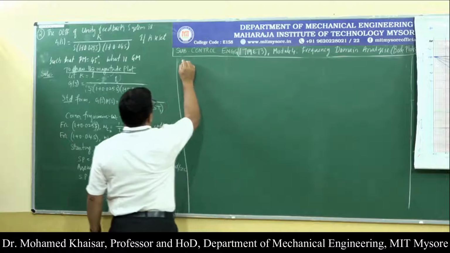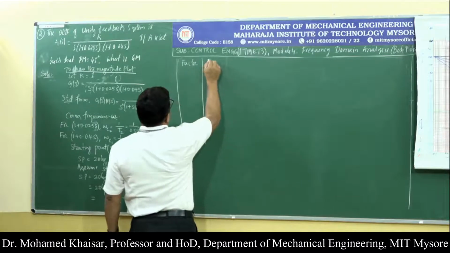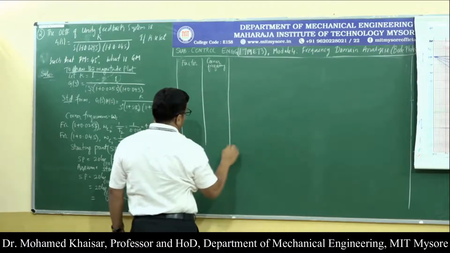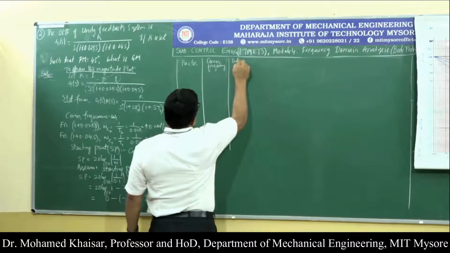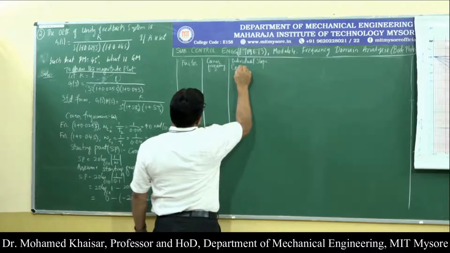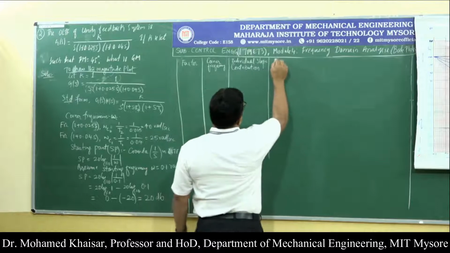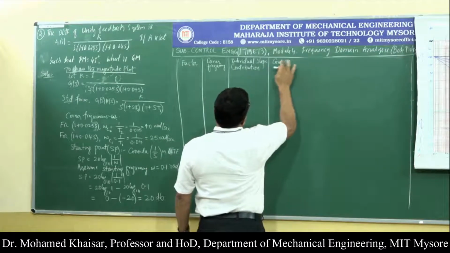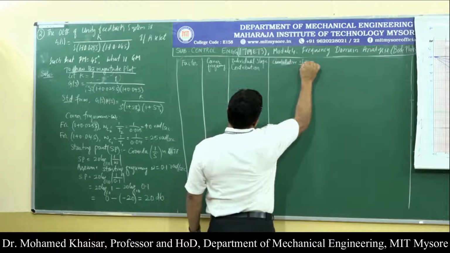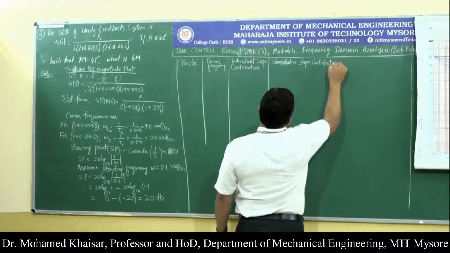The table comprises the factor, then corner frequency, then individual slope contribution, then combined, or what we can say is cumulative slope contributions.